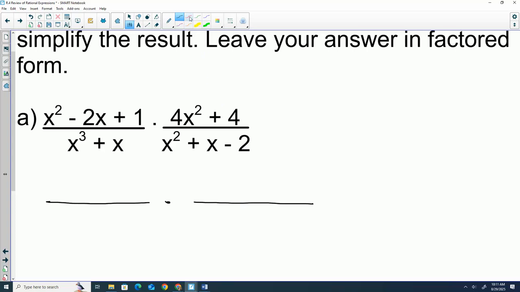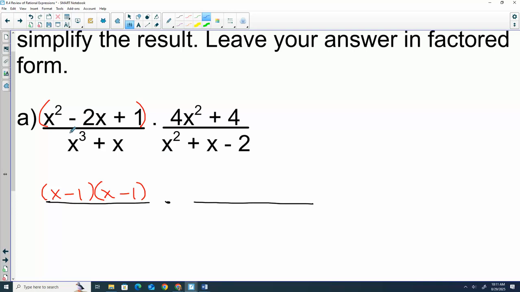We are going to factor one thing at a time. If I look at the numerator of the first fraction, what multiplies to 1 and adds to negative 2? Negative 1, negative 1.